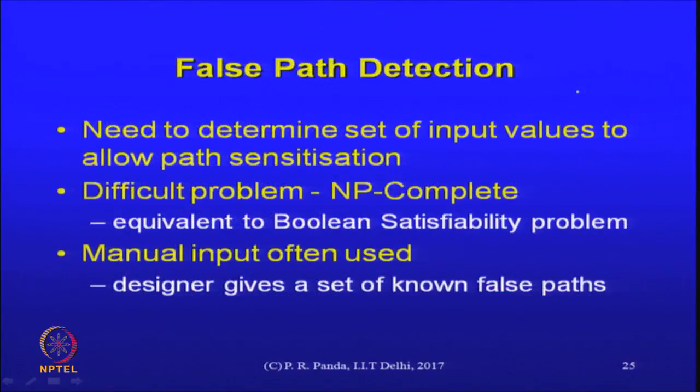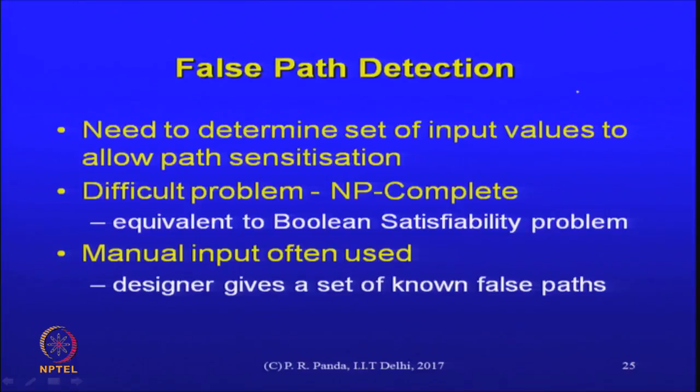Then the false path detection involves what things? We need to determine the set of input values that will allow a path sensitization, which means that we have picked one path and now we require a bunch of other functions to be true. All those Boolean differences need to be true, which means that essentially you have the product of a bunch of expressions, and those need to be true.